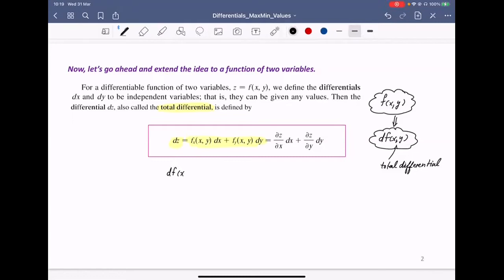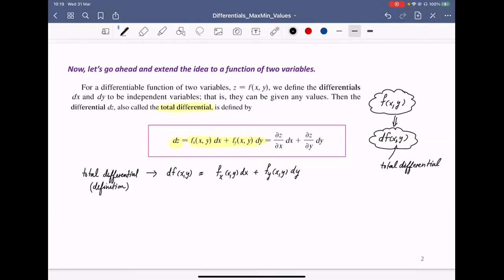So df(x, y), this is the total differential. This is going to be equal to f subscript x, that means you differentiate f with respect to x, times dx, plus f differentiated with respect to y, times dy. All right, this is the definition of total differential.